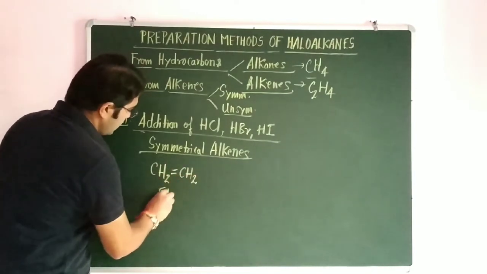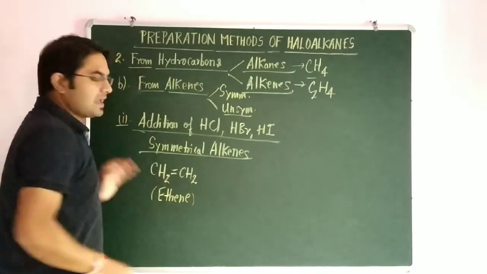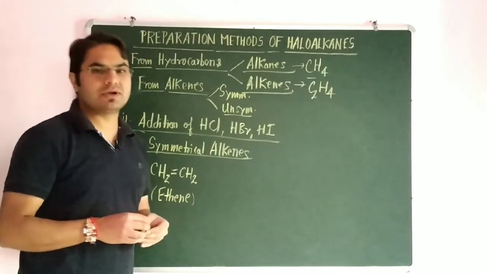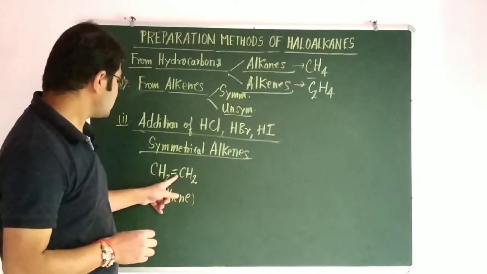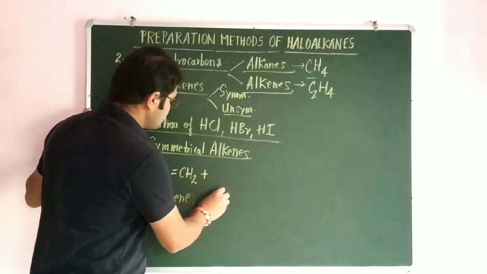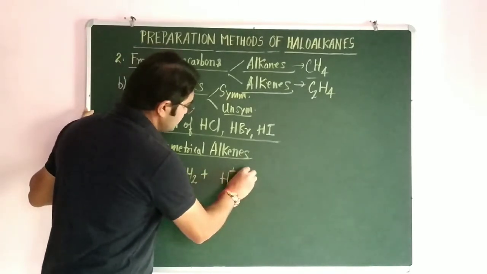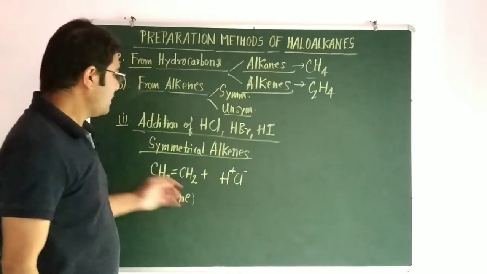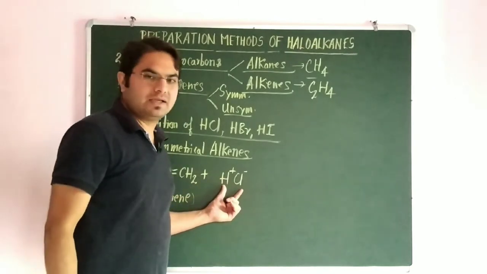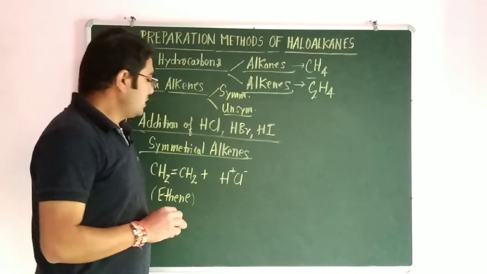This is considered a symmetrical alkene because the double bond is formed between two identical carbon atoms. When this symmetrical alkene is treated with a hydrogen halide like HCl or HBr, we simply represent HCl here as H positive and Cl negative ion.